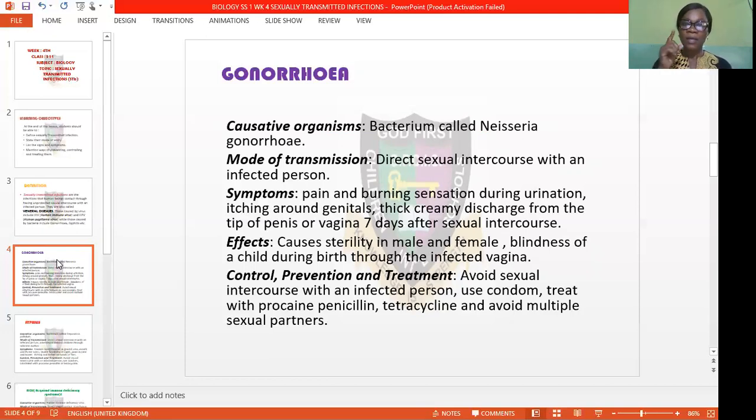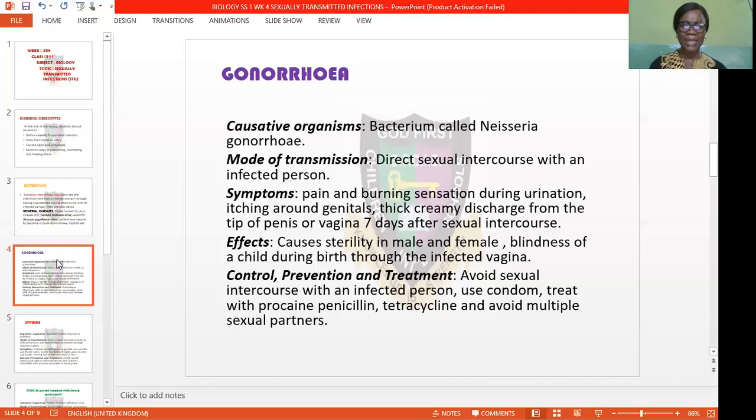I mean, if you are not of age, but as it is now for your age, you don't even need to have any sexual relationship with anybody because you are still teenagers. Secondly, the use of condoms. Thirdly, you can treat it with penicillin, tetracycline, and above all, avoid multiple sexual partners, like I said earlier on.